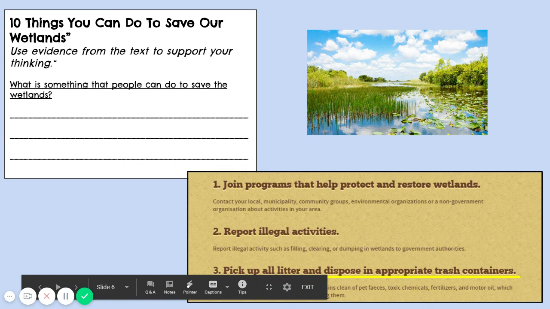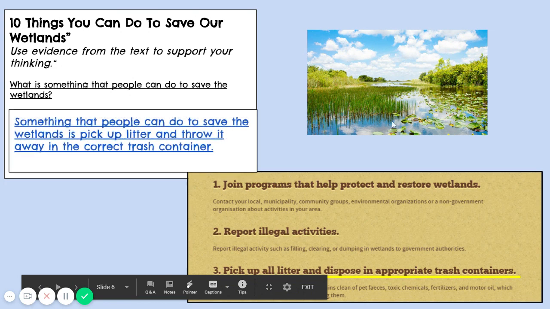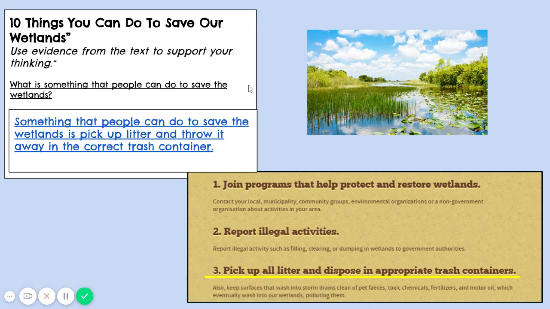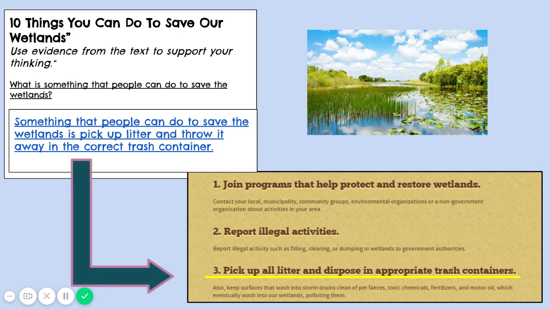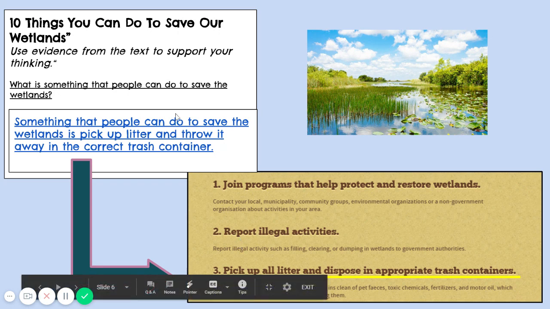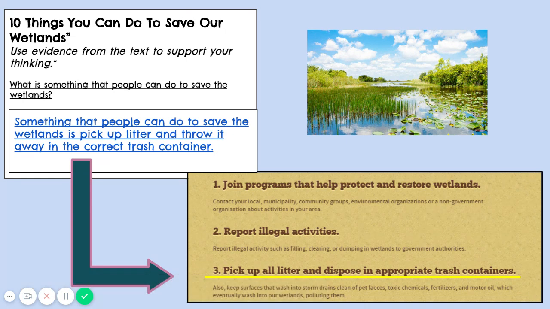So I took that, put it in my own words, and wrote my answer to the question. Something that people can do to save the wetlands is pick up litter and throw it away in the correct trash container. Just again, like previously, I found my answer in the text. I put it in my own words and I also wrote a complete sentence. Feel free to pause this if you need to look more.